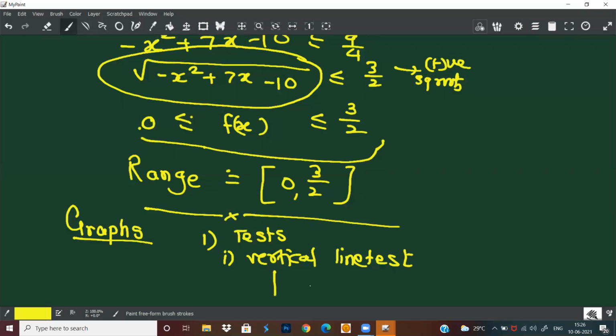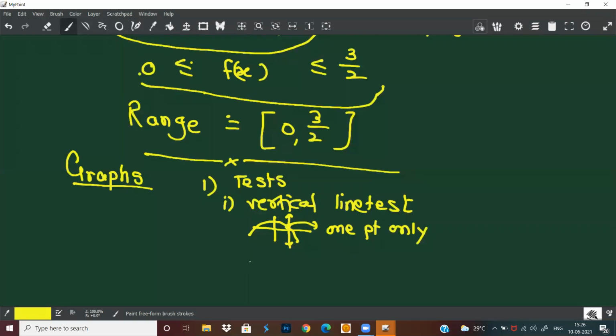So you know कि अगर कोई भी मेरा ग्राफ है तो अगर वो मैं वर्टिकल लाइन ड्रॉ करूं, if it is intersecting at one point only, correct. But जैसे ये है, तो ये भी पॉइंट है और ये भी पॉइंट है, so this is not a function and ये है function, correct.